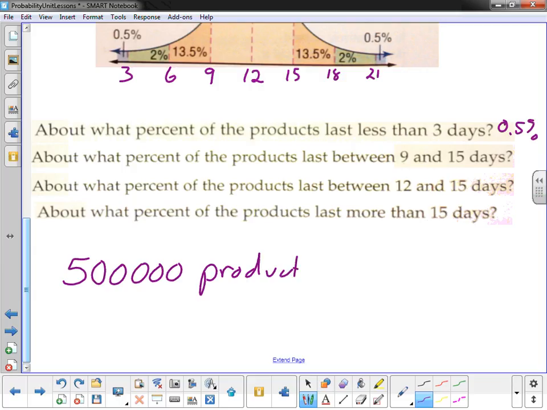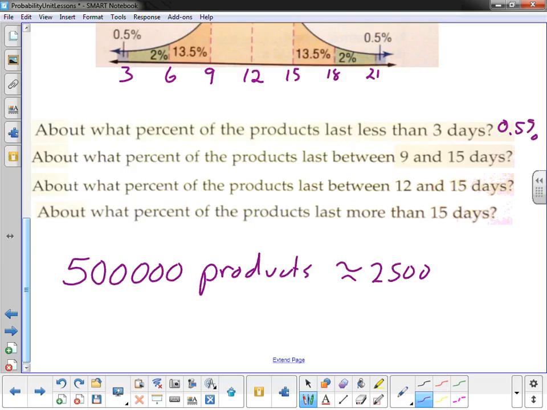So if I had 500,000 products and 0.5% of them were going to last less than 3 days, I'm going to take 0.5%, so that means 0.005, and multiply that by 500,000. And I get about 2,500 products would last less than 3 days. Out of that entire 500,000, 2,500 of them wouldn't make it.